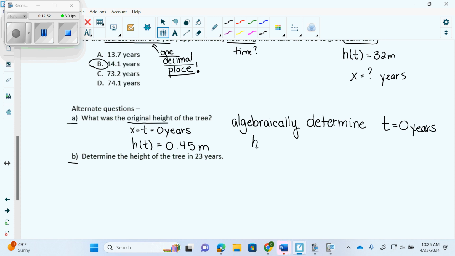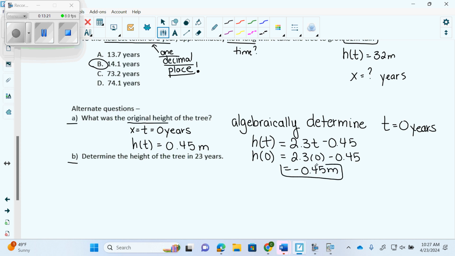Our equation is h of t equals 2.3t minus 0.45, and we're finding h of 0. So we plug in h of 0 because 0 is going in for t. 2.3 times 0 minus 0.45, and we get negative 0.45 meters.